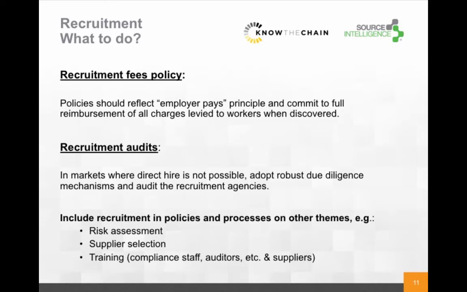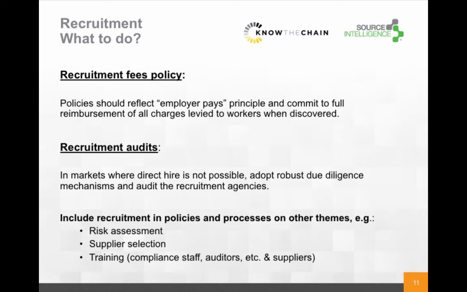There are a few things that we would encourage a company to consider when developing a risk assessment process or a program to address risks of forced labor. One would be to look at recruitment fee policy. These policies should reflect potentially an employer pays principle, which is a commitment to fully reimburse any charges levied to a worker when discovered.